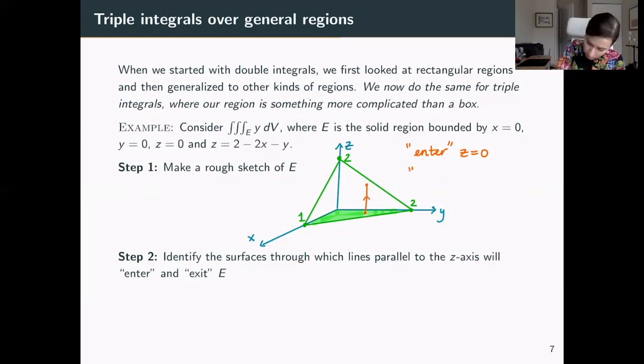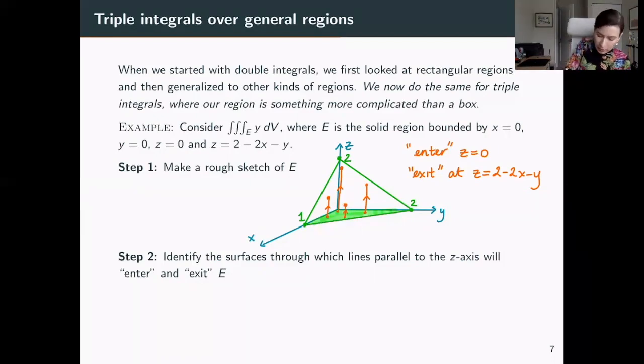So my exit point is always going to be z equal to 2 minus 2x minus y. That is going to be true regardless of where I am on this surface. Sometimes it'll be a shorter change, other times it will be a larger change. But these are the entering and exiting points for all of the points at the bottom of the region.